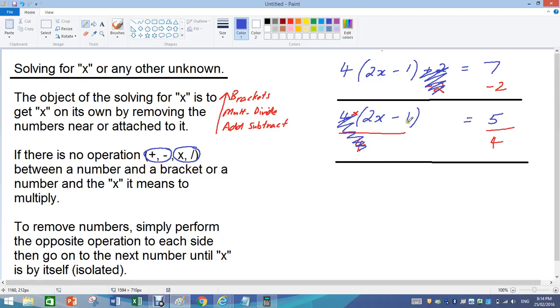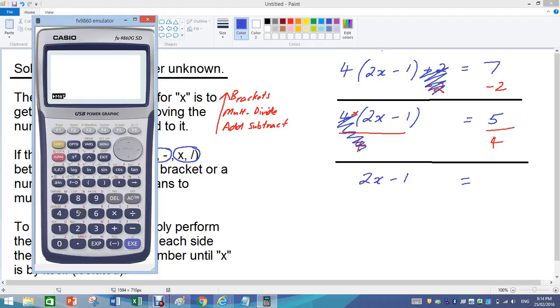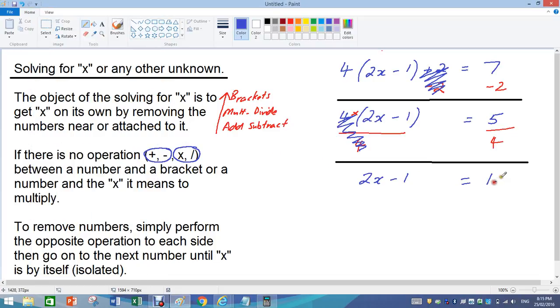So it's just 2x minus 1, and because we're no longer timesing it by anything, these brackets aren't required. The right side, 5 divided by 4, you can use your calculator or just do it in your head. 1.25 is the answer for that one.